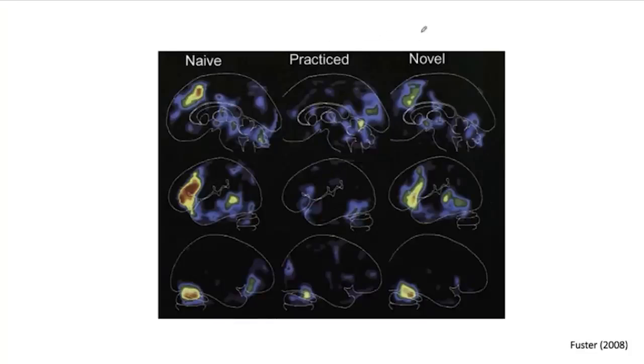But when we have practiced, there is no futuristic cognition that we need to involve in doing the task, because we already know what is going to happen in the future, and we have already developed habitual behaviors to be able to do that. And when we are exposed to novel environments, the prefrontal cortex gets activated again and is involved in this process.